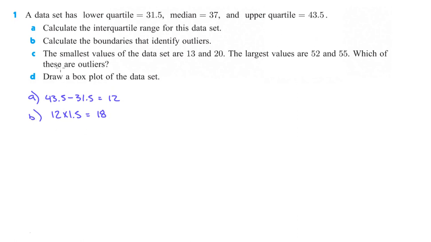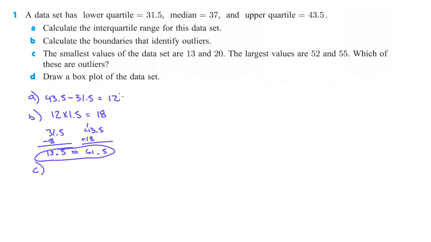So our lower boundary would be 31.5 minus 18, and the upper is going to be 43.5 plus 18. That's going to give us 13.5 as the lower boundary, and the upper boundary is going to be 61.5, so 13.5 to 61.5. So those are our boundaries.